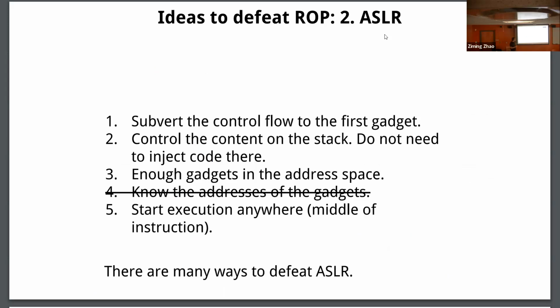To defeat ROP, you can also randomize the addresses and randomize the gadgets, so it's harder to find them. But we know that this is not working either. There are many ways to get information leakage, so you can learn the addresses of different things, including gadgets.